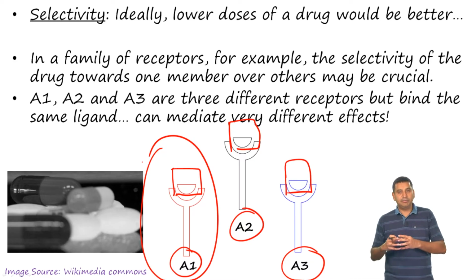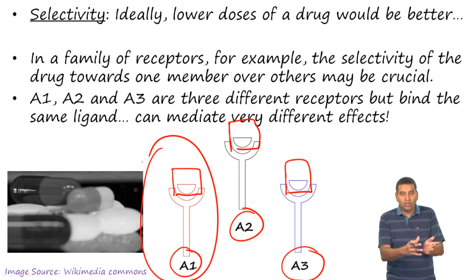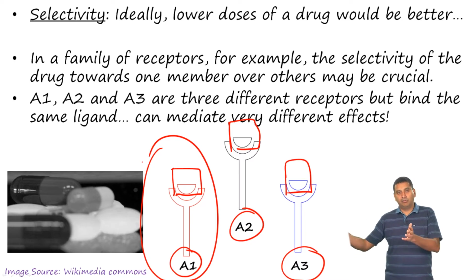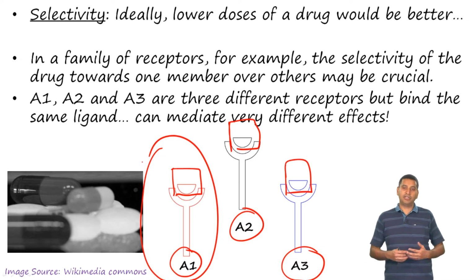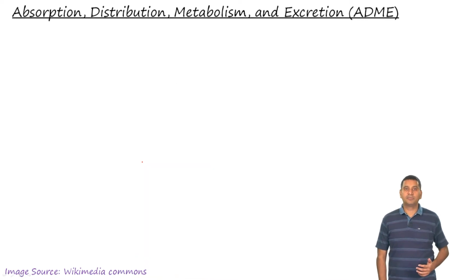So, this is an extremely challenging task, and it is very difficult to optimize at this stage, but it is an important parameter. Even if we are able to achieve selectivity for 2 of the 7 members of a family, that is highly desirable. So, this is the next major parameter that we would want to optimize.